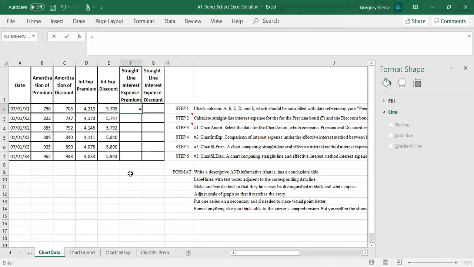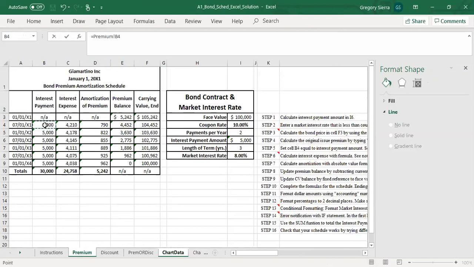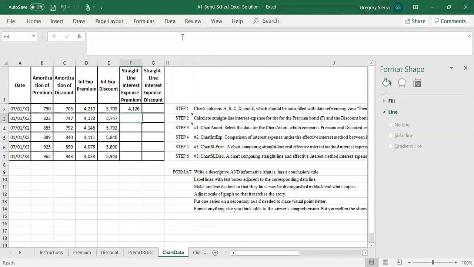The premium interest expense is going to be the amount of a payment minus the amortization over the life of the bond. So we take the original issue premium, and there's 6 payments. And just to make life easy, all we have to do is point in the first cell, and it's straight line. They're all the same, hence straight line.